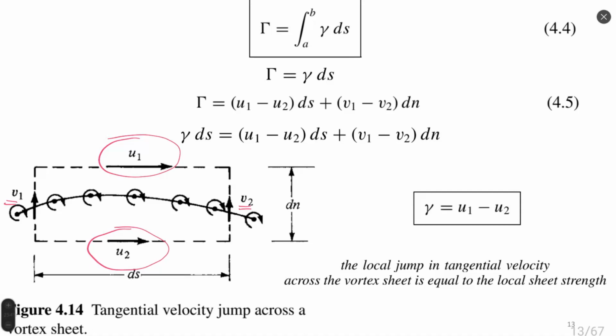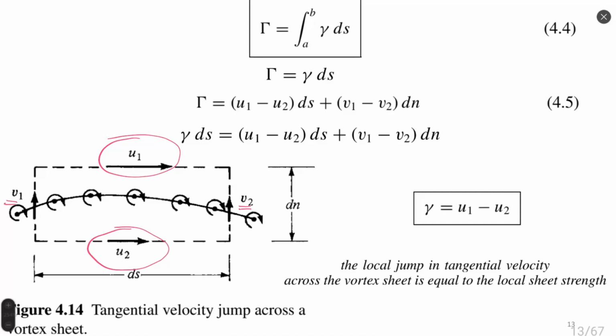This is a simplification. In real flow, of course, this doesn't happen, but to find an analytical model, we need to have some assumptions. And this is one of the assumptions, that our vortex or our airfoil is long with respect to its thickness or the curvature of a camber line.